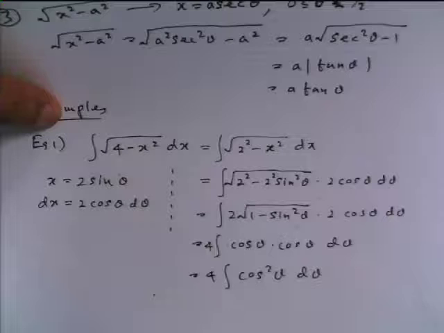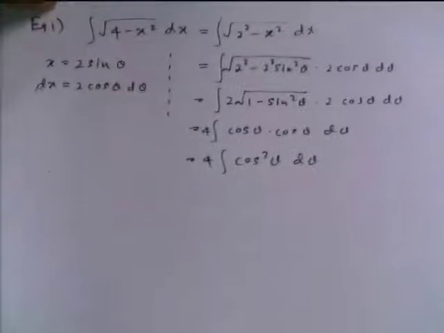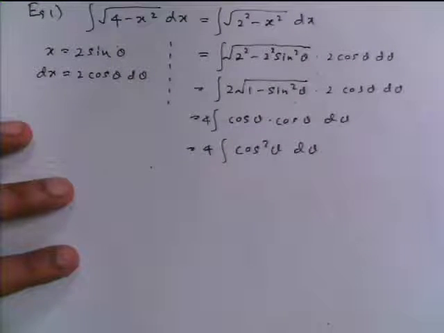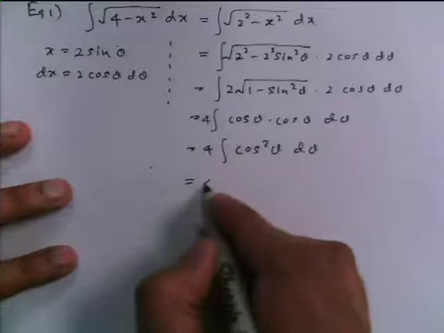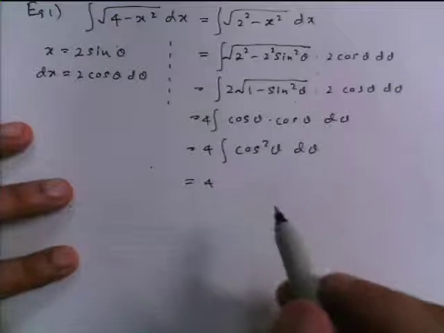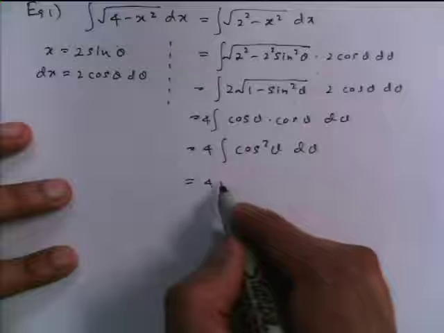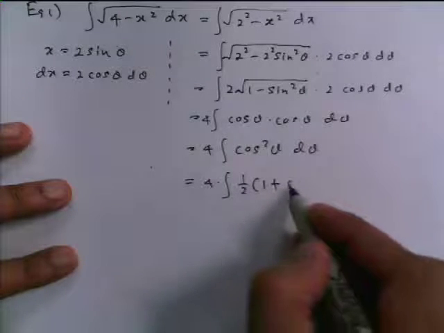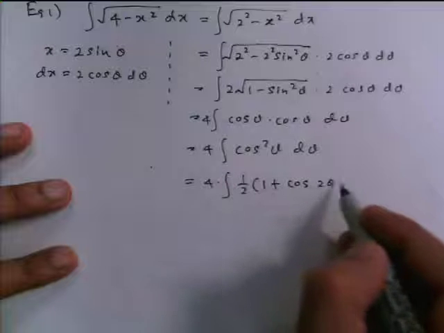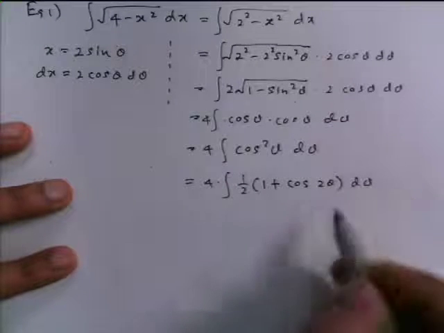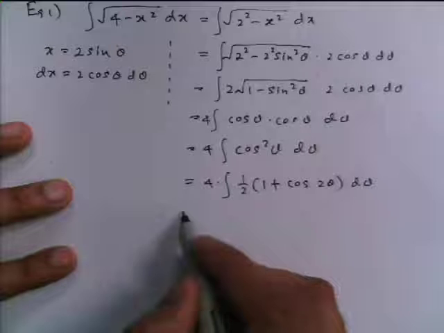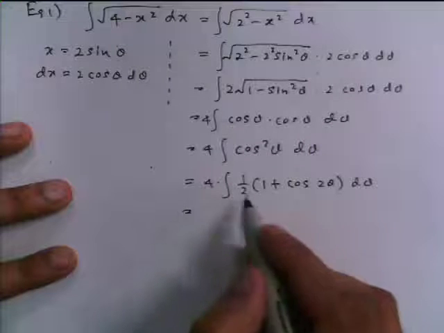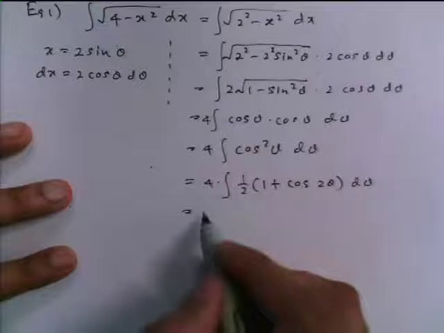Is that right? How to do the cosine squared? Using the half angle formula. Okay? So we use the half angle formula. So it is 4, and what do you get? 1/2 times 1 plus cosine 2 theta d theta. And then you can do this integral separately. So you get 4 cancel 2, so you get 2.